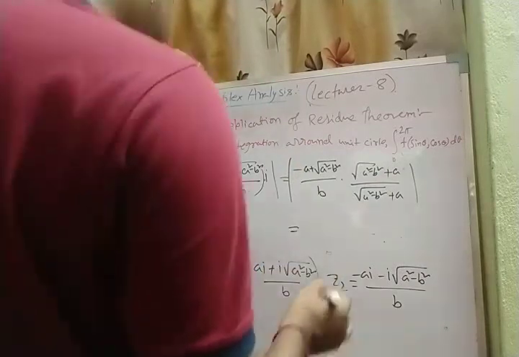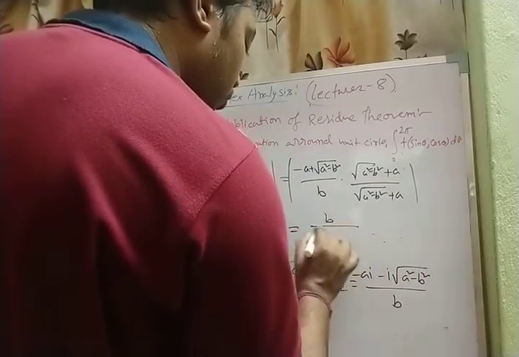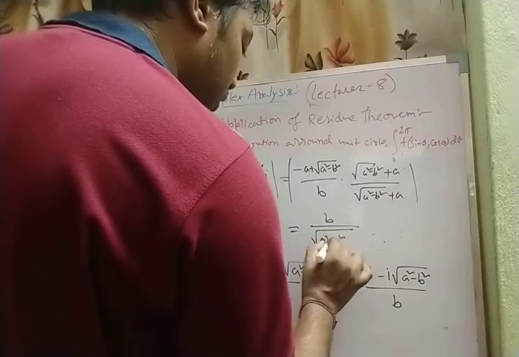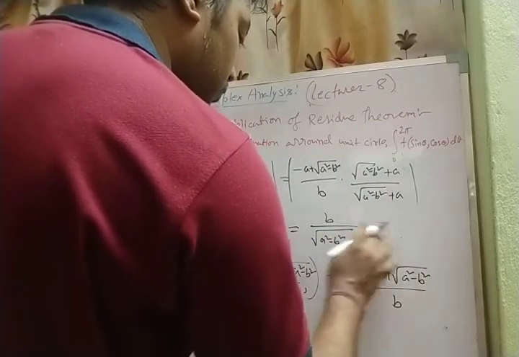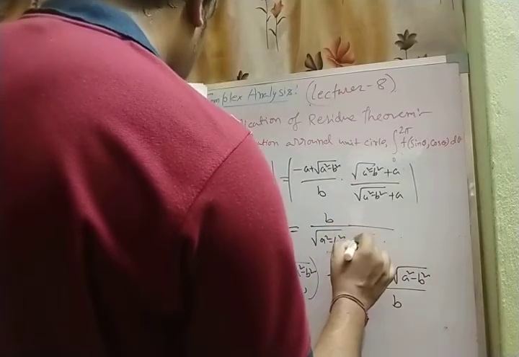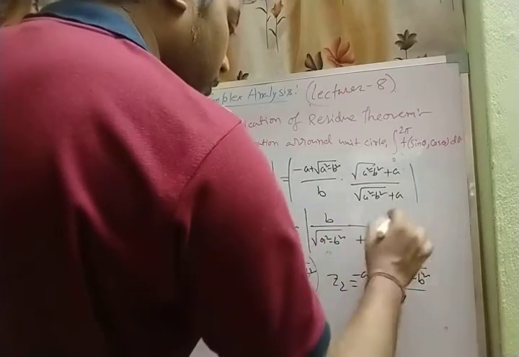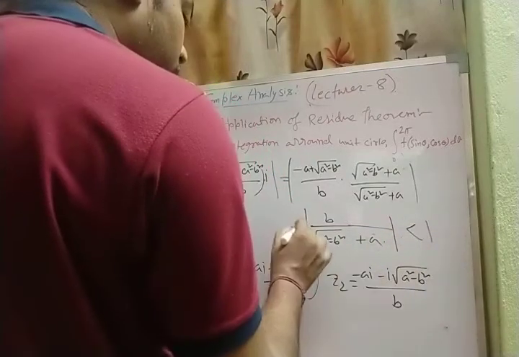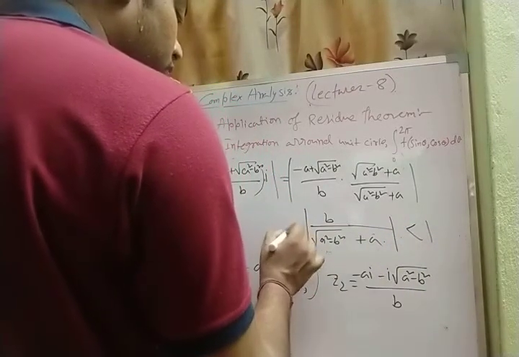Now from simplification you can get root over of a square minus b square minus b square plus a, which is less than or equal to 1. Why?